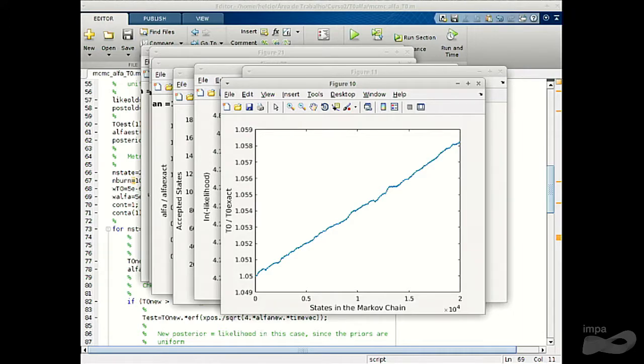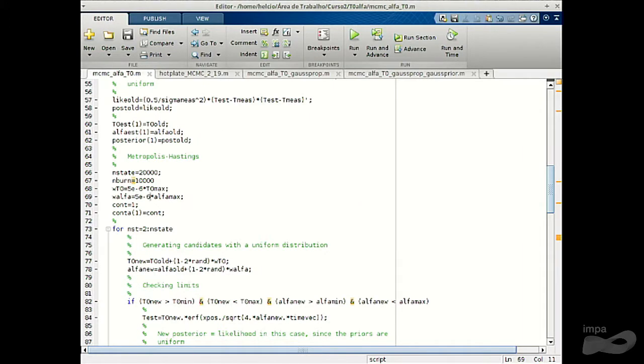Now let's increase it a little bit. Let's not do 5 10 to minus 4 that we had before, but 5 10 to minus 5. And let's see what we get.